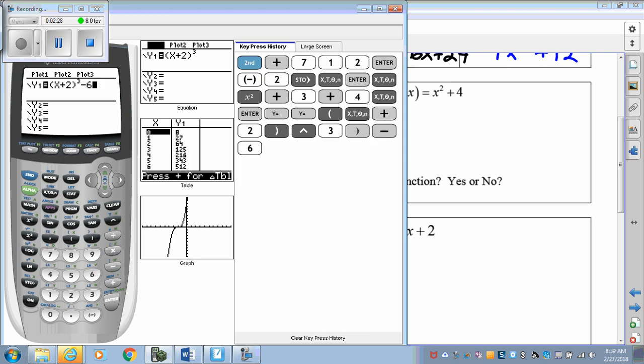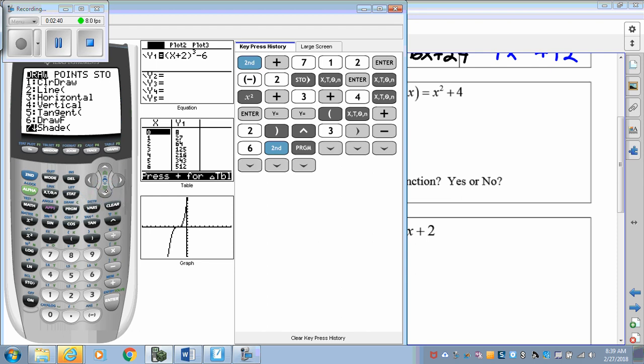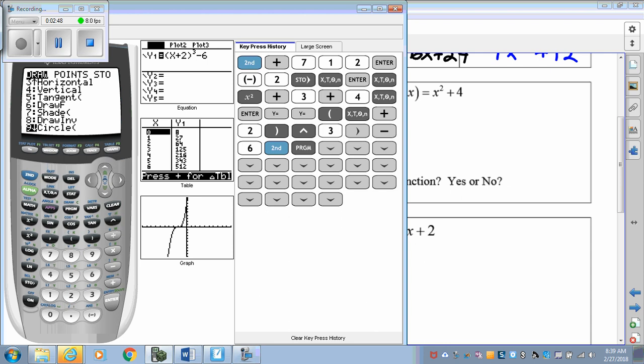Okay? So there's my function, and then what I can do is draw that function if I go second program, all right, and it's draw, and then go down to number 8. Number 8 is draw the inverse, so I'll hit enter.